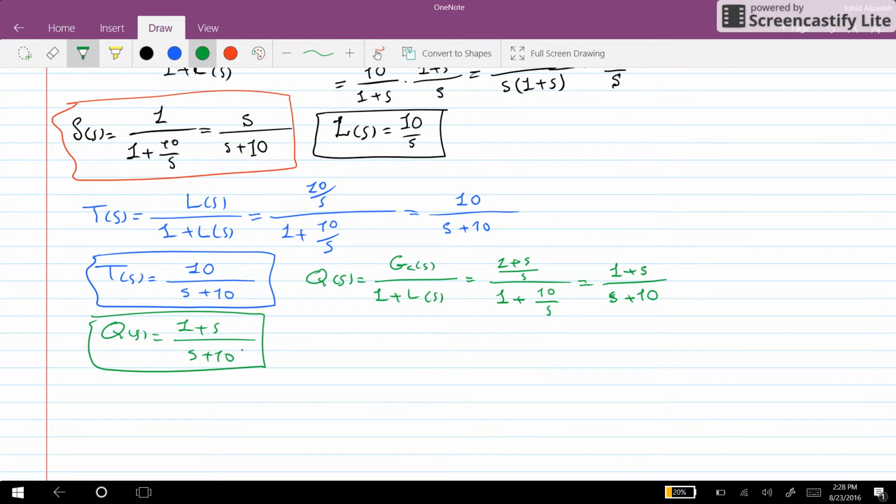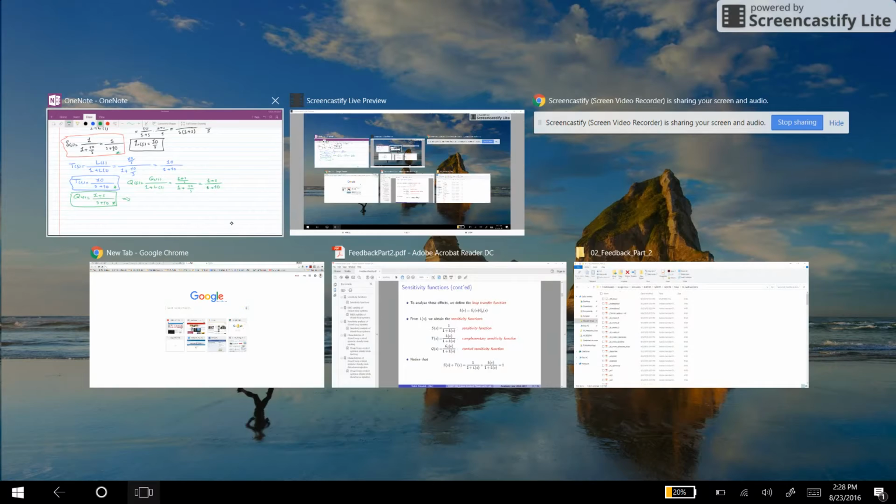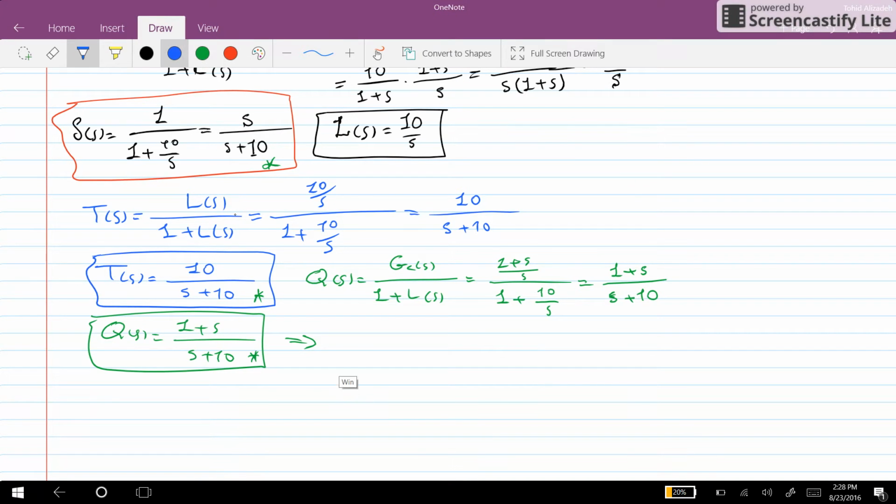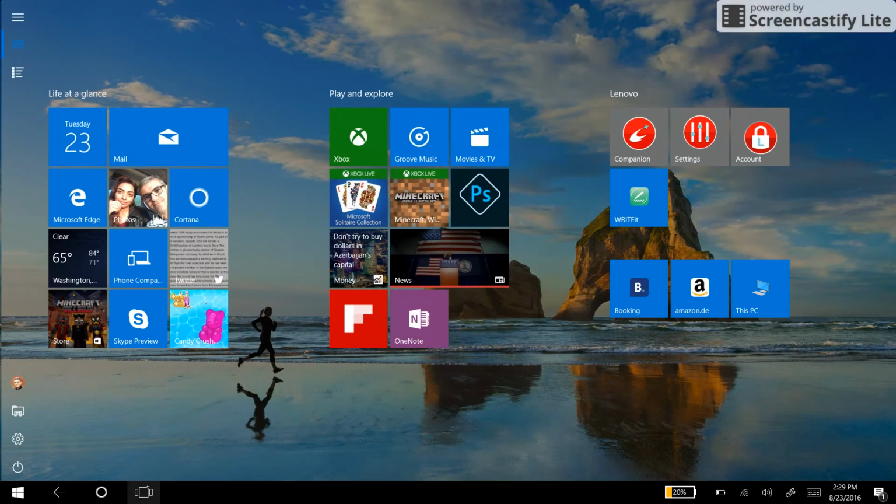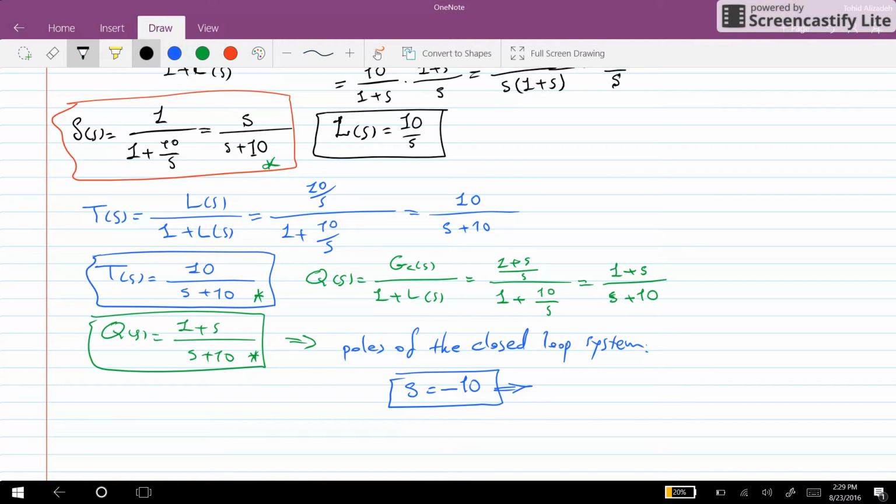And referring to all these three transfer functions that we have, we can see that the poles of the closed loop system are located at S equal to minus 10, and therefore our closed loop system is BIBO stable.